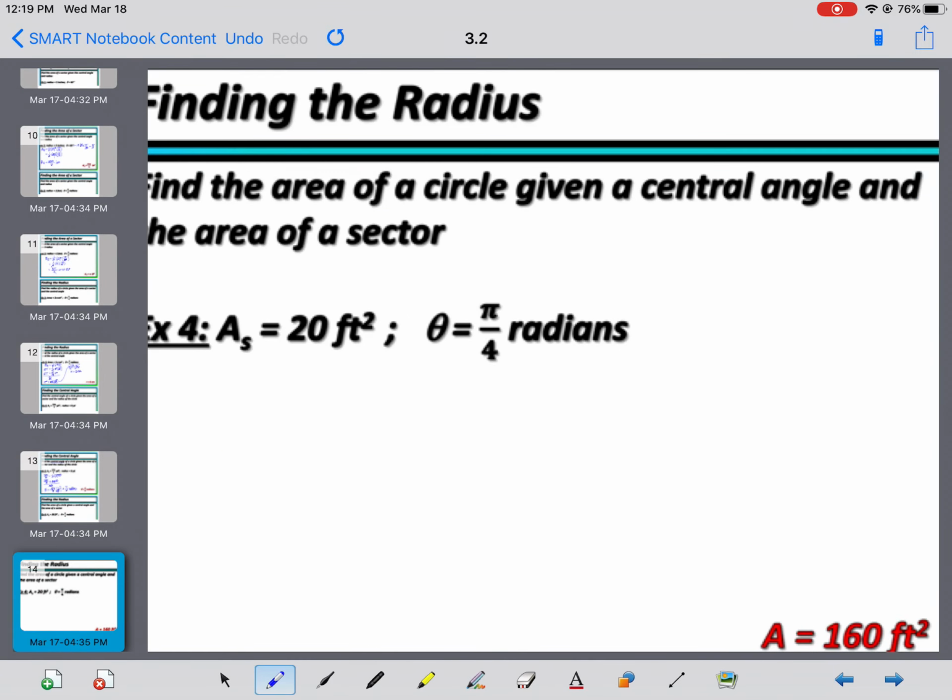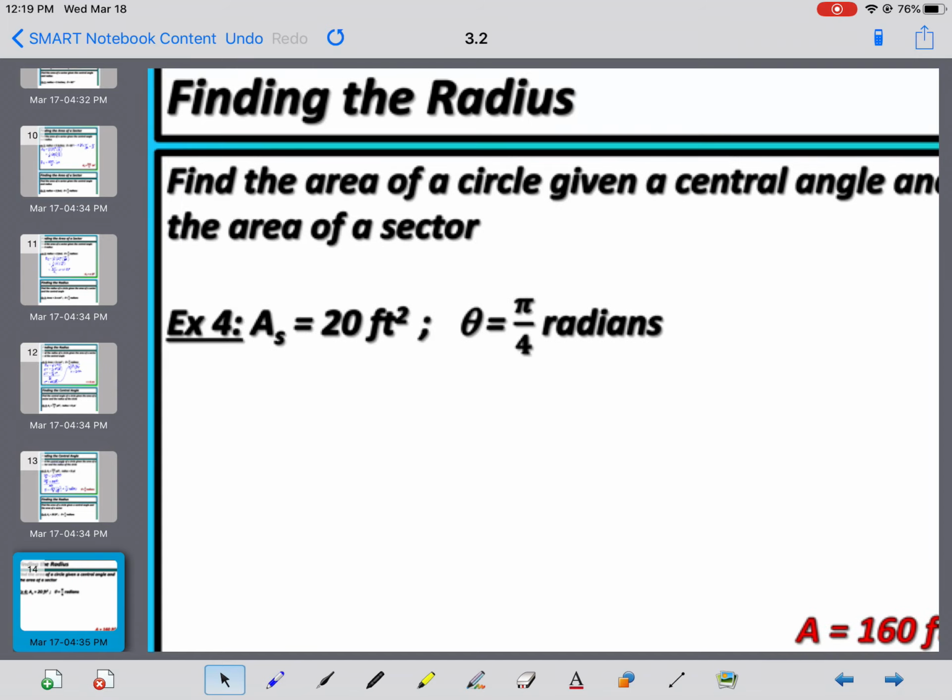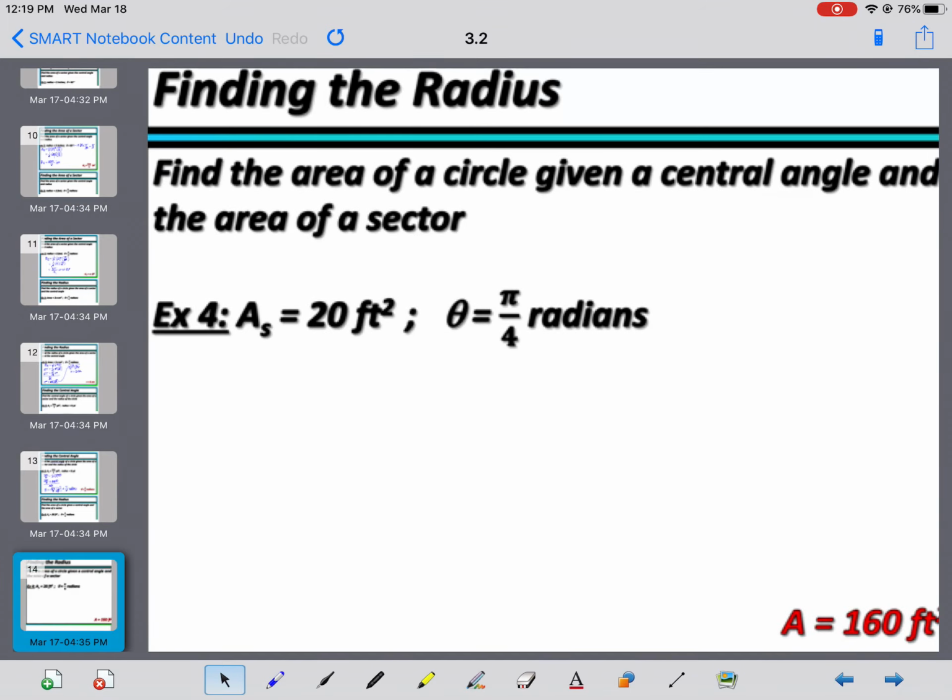Okay, we have one more example. It's a little cut off here. All right, so find the area of a circle. Again, area of a circle is pi r squared. A sub s is representing the area of a sector, so I know I'm going to have to use that formula first.